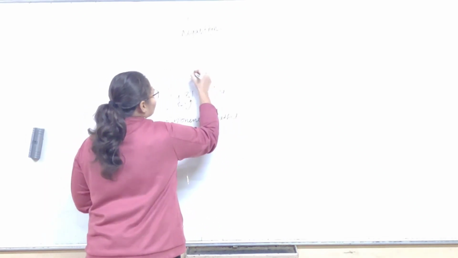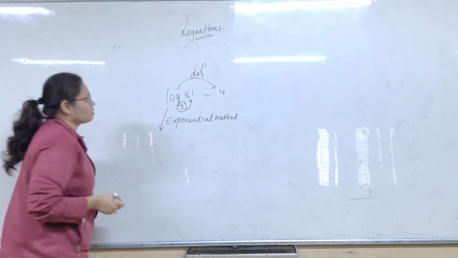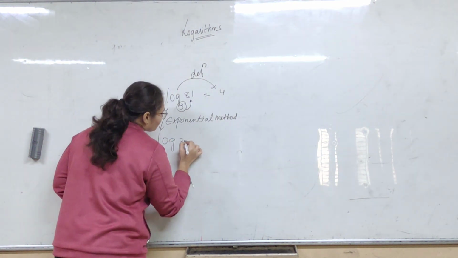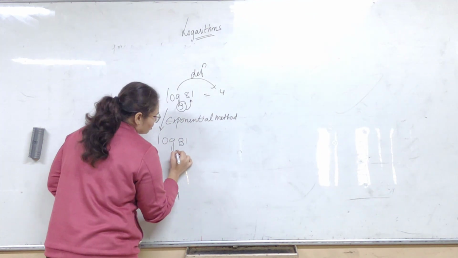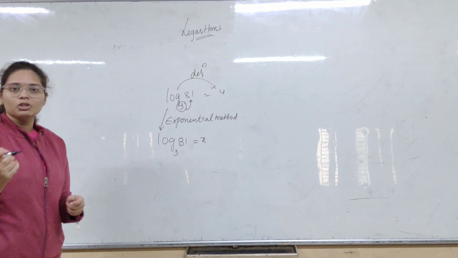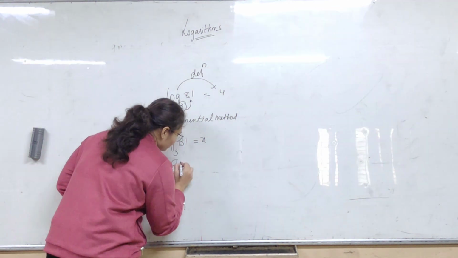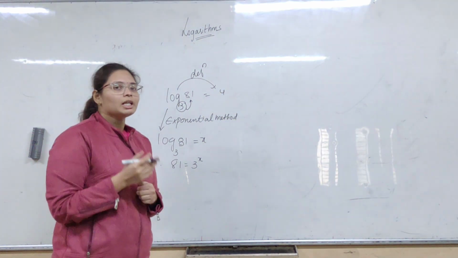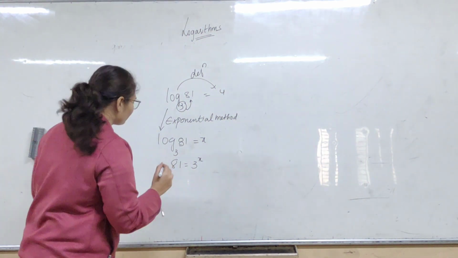This was through the definition. Now we assume that log 81 to the base 3 is x. How should we convert this into exponent form? 81 is equal to 3 power x. What is 81 in terms of the power of 3? It is 3 power 4.